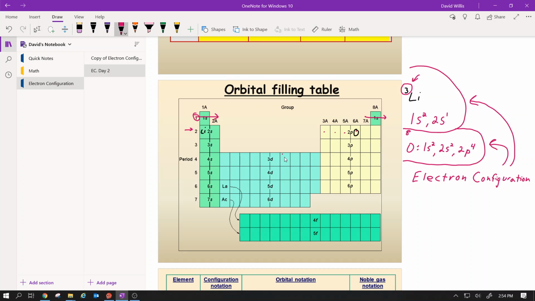Seventh one over is going to be cobalt. 1, 2, 3, 4, 5, 6, 7. Sure enough. So here we've got cobalt. I'm going to real quickly erase these little lines from earlier. Okay, so now we are going to fill in cobalt.